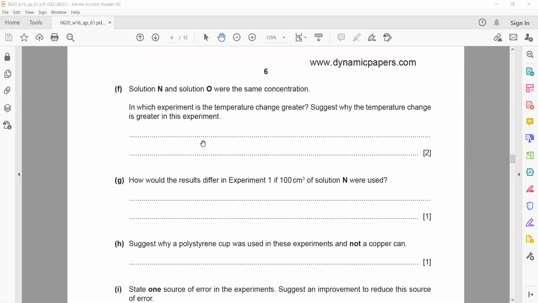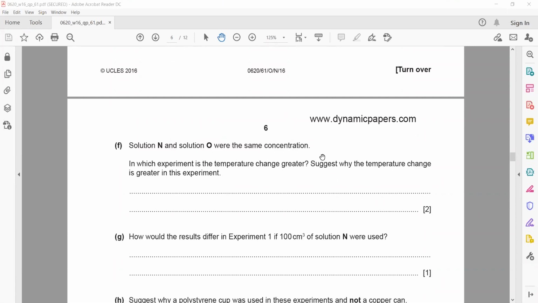The next part, solution N and O were the same concentration. So solution N and O having the same concentration, in which experiment is the temperature change greater, and explain why the temperature change is greater. We took a polystyrene cup, we take equal concentration of N and O, and from the burette we are adding an acid, nitric acid.